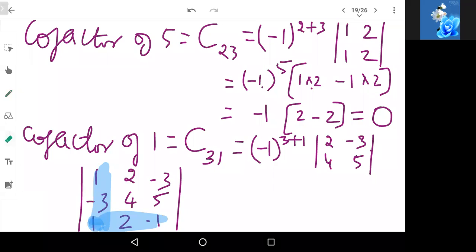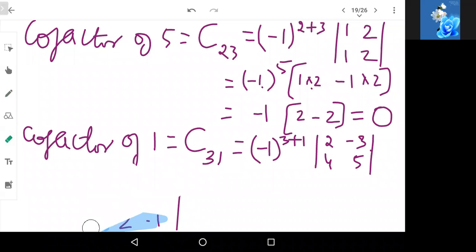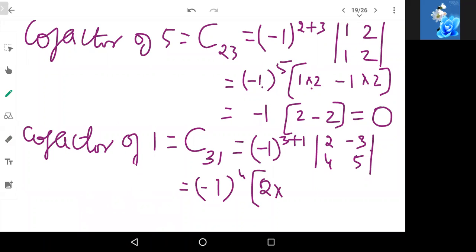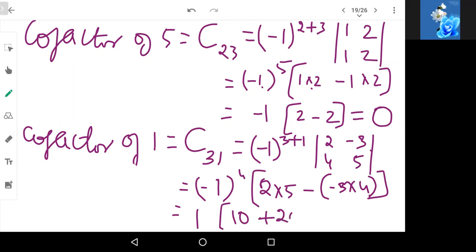That will be the determinant. That will be the minor. And then minus 1 to the power 4 into 2 into 5 minus of minus 3 into 4. So 1, 2 5s are 10, minus of minus 20 is plus 20. Oh sorry, 3 4s are 12, so it will be 22. So this is the cofactor for 1.